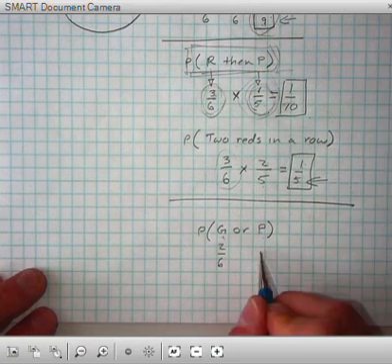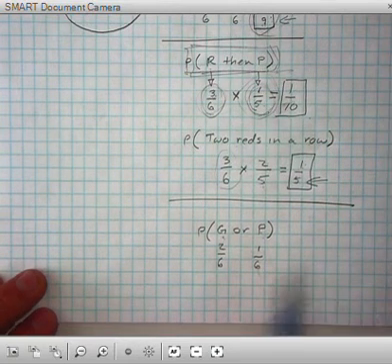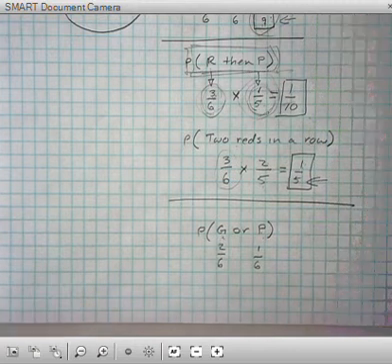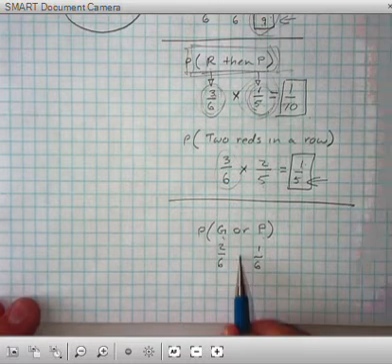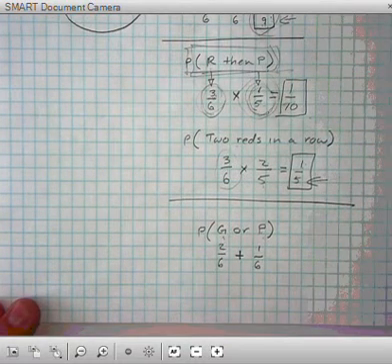The probability of pulling out a purple one was 1 out of the 6. The probability of pulling either one of them out, you could think of them as one possible outcome. So the green ones and the purple ones, there's 3 out of the 6. So you can actually add those together.